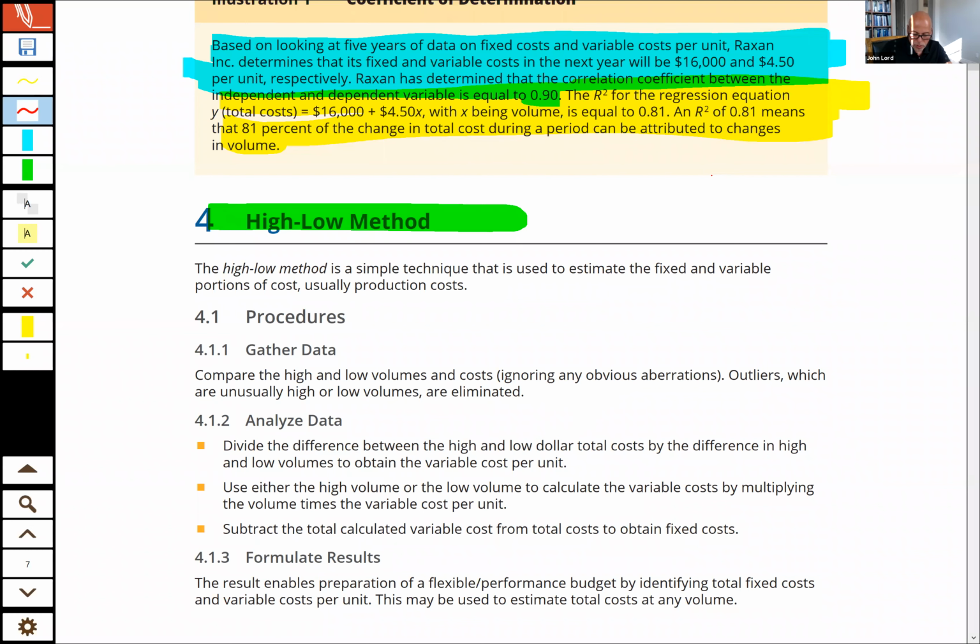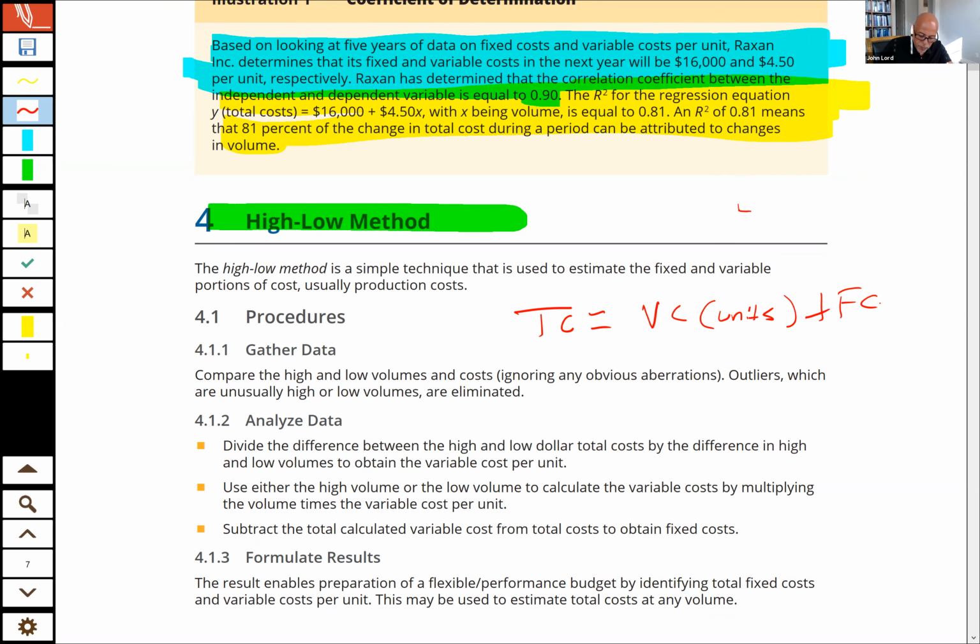So we're going to sit there and say total costs equal variable costs times the units plus fixed costs. And we use a method that is not very sophisticated.